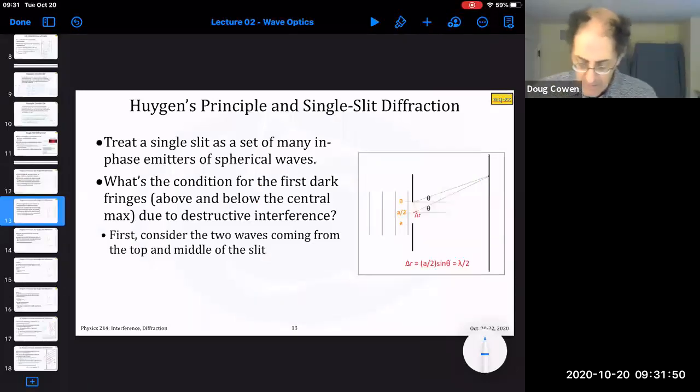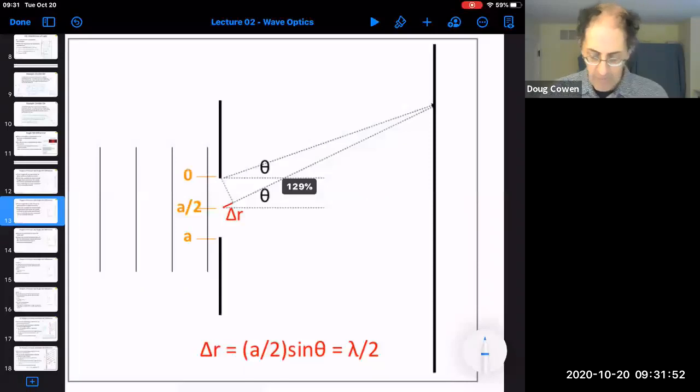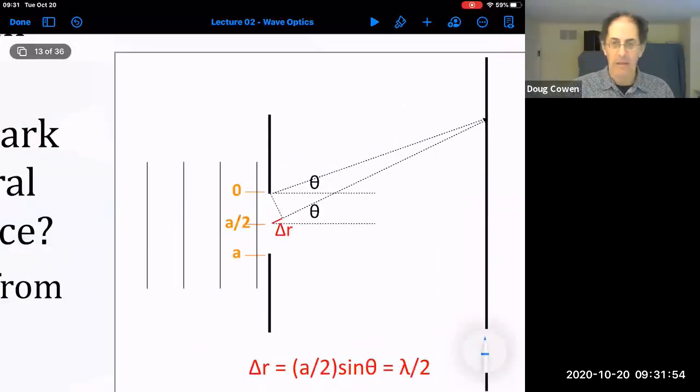So the basic condition is similar to what we wrote down before. We look at that little delta R that I highlighted before. That's the extra distance that R2 travels relative to R1. That delta R is going to be given by A over 2, where A is the slit width opening.